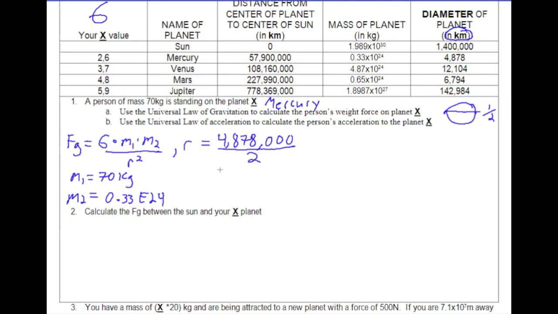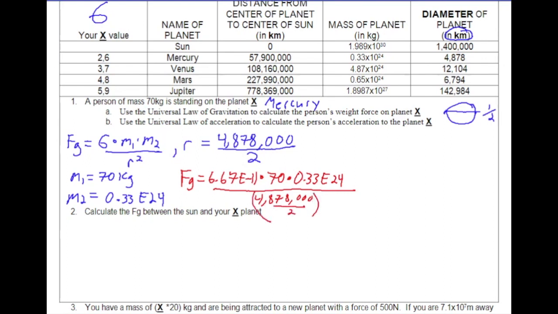Now that I have all my information, I can plug it into my equation. Force gravity is equal to big G, 6.67 times 10 to the negative 11th, times m1, which is 70, times m2, which is 0.33 e to the 24th, all over 4,878,000 divided by 2, squared.